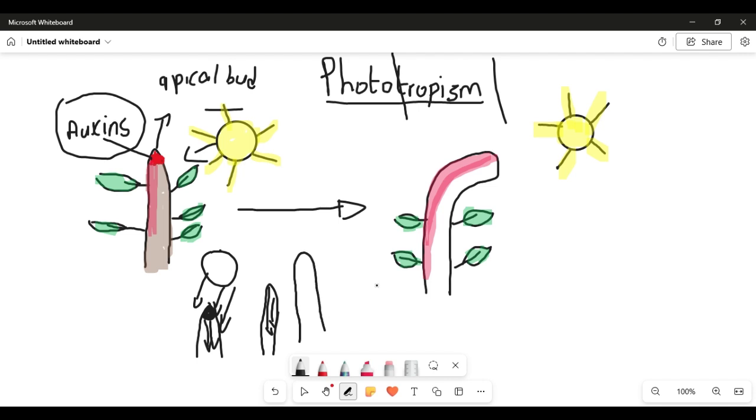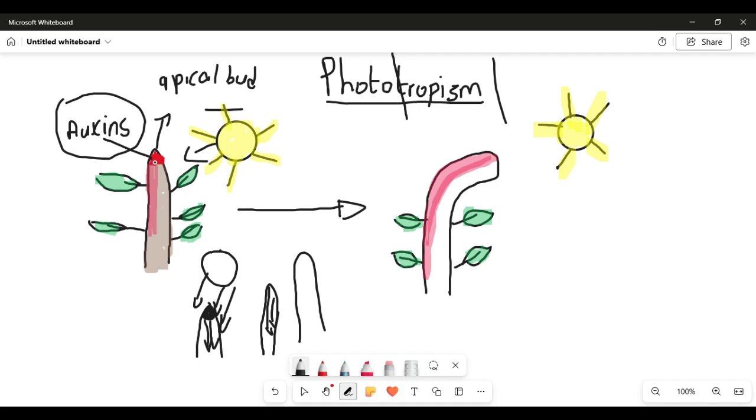But when the stem is exposed to unilateral light, unilateral means that they're exposed to light from one side, like this diagram here, it means that the auxins will run away from the sunlight because they are sensitive to sunlight. So they'll go to the darker side.